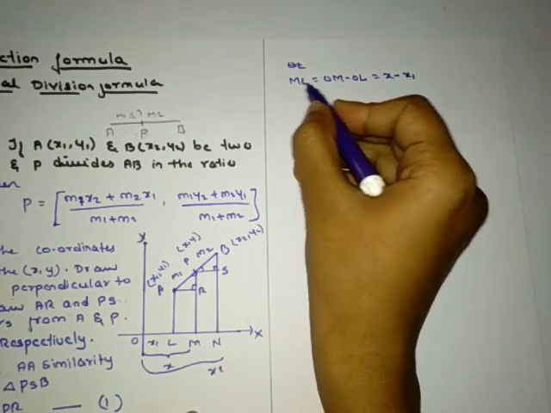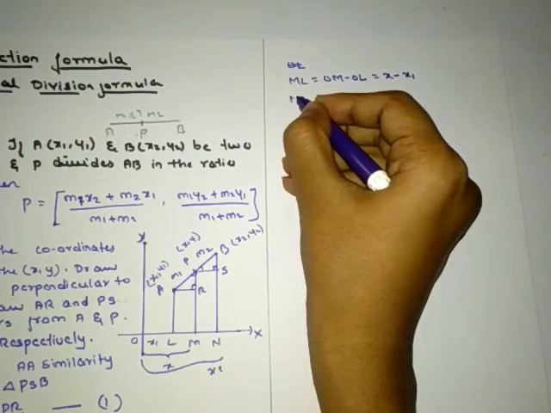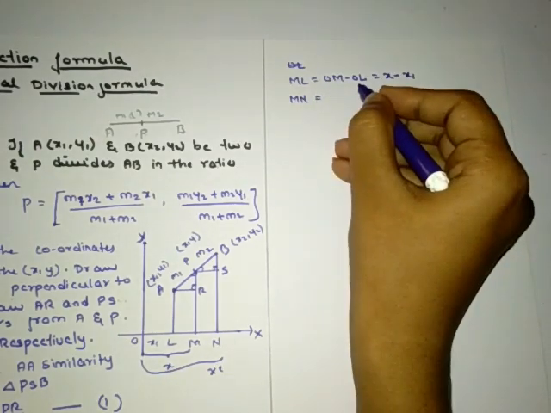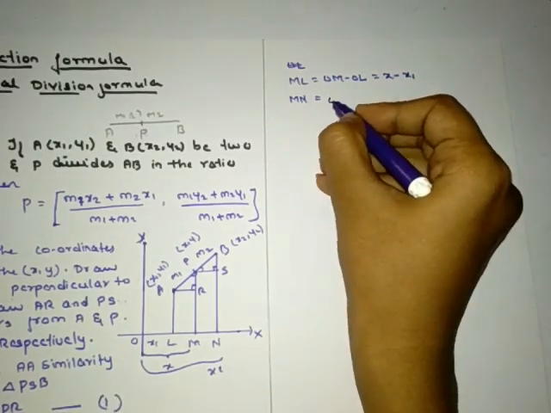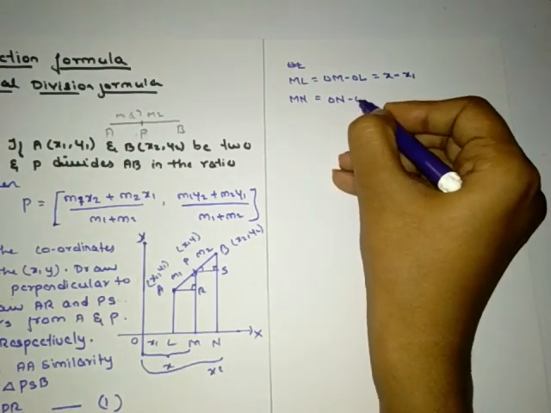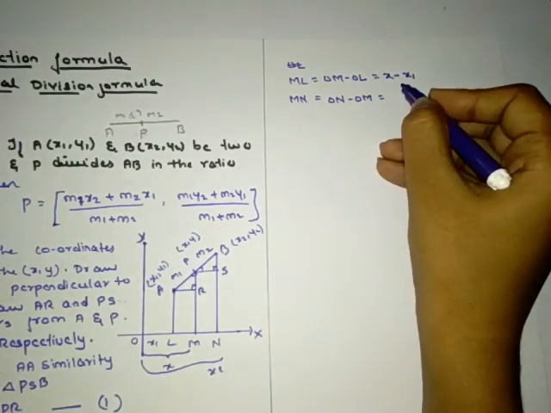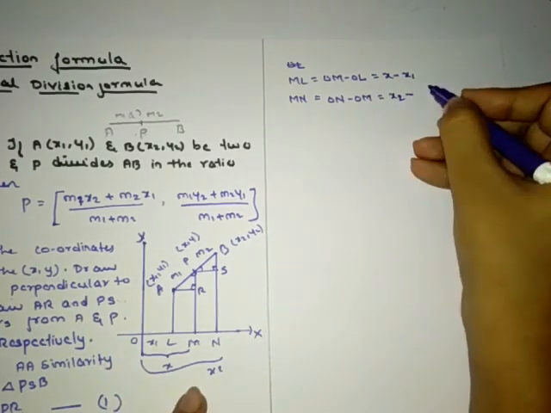We got the length of ML. Similarly we'll find the length of MN. MN is equal to ON minus OM. ON is of length x2, minus OM, it is x.